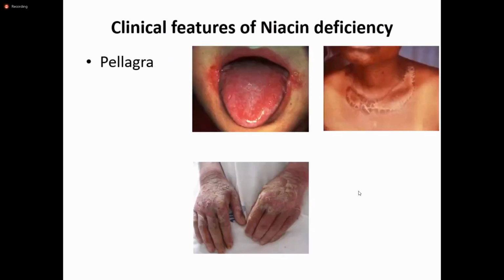Niacin deficiency will lead to pellagra. So the 3 Ds: dermatitis, diarrhea, and dementia. Dermatitis over the necklace region.